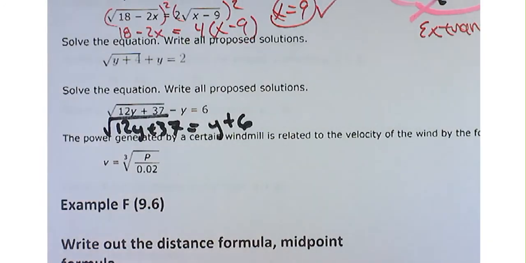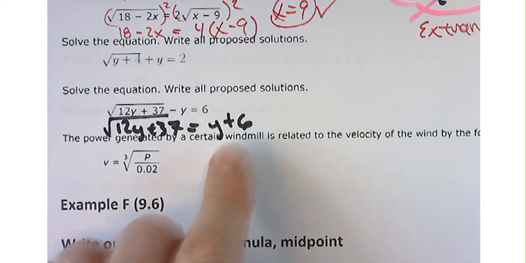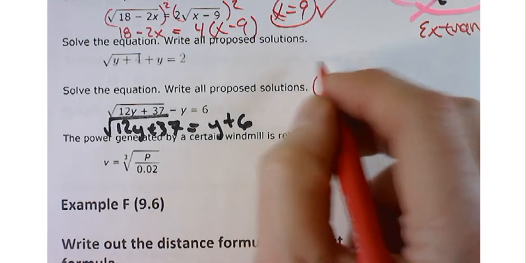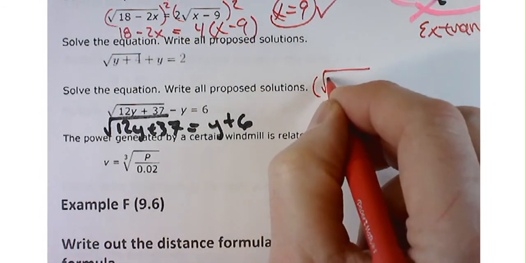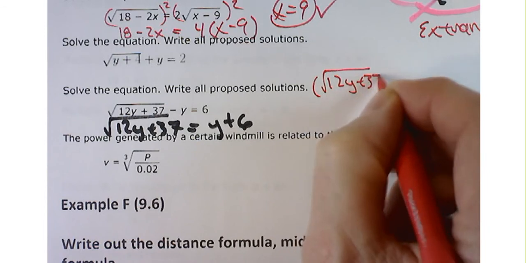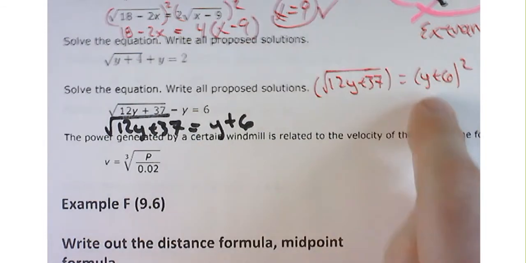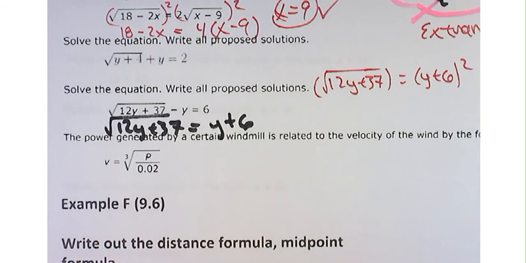And so once again, kind of one of the things I was telling you just a little bit ago, here's what I test quite often. You have to square both sides. And what that's going to mean for us, square root of 12y plus 37 equals y plus 6 squared. It's going to mean squaring a binomial, just like we did with the radicals.